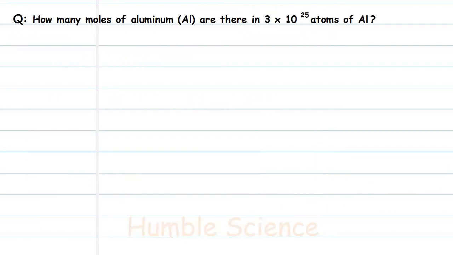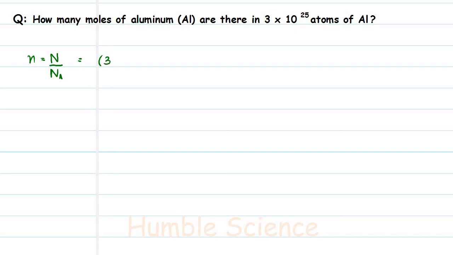This one asks how many moles of aluminum are there in 3 times 10 to the 25th atoms of aluminum. We know that little n, or mole, is equal to big N over Na. So since they're looking for moles, we can just plug in the number.